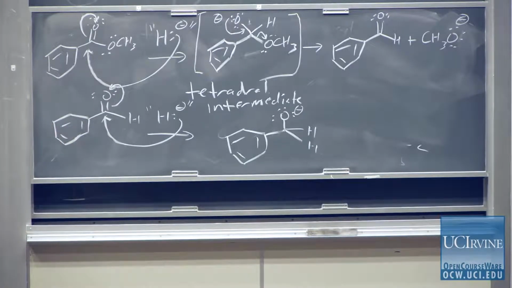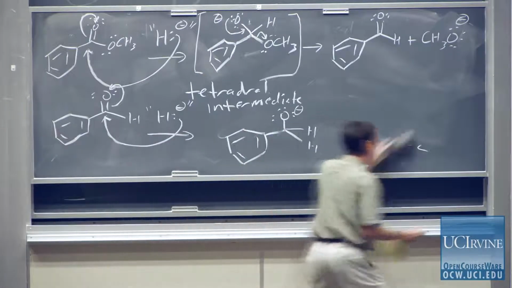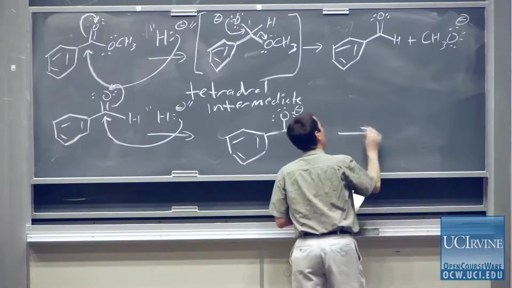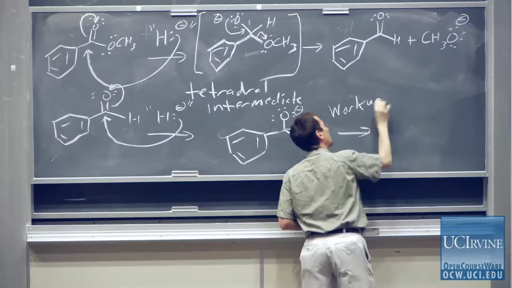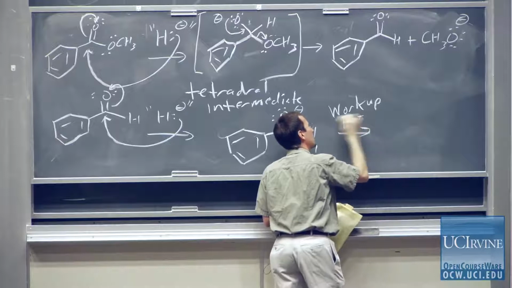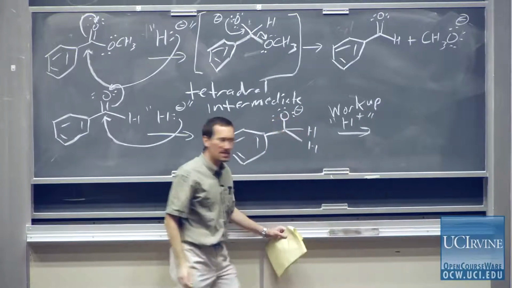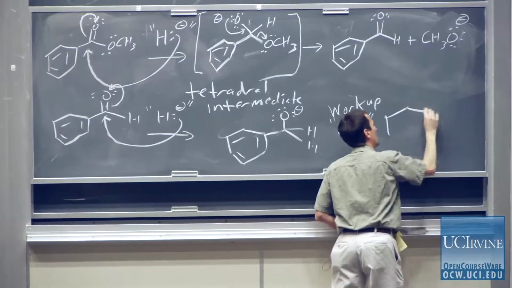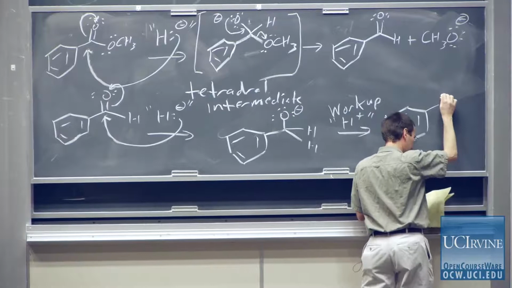I haven't drawn the counter ions or anything until you do a workup. And I'll just write this as workup, meaning adding some acid or adding some water. I'll put this again in our sort of 30,000 foot view of H+. And the product of this reaction is benzyl alcohol.